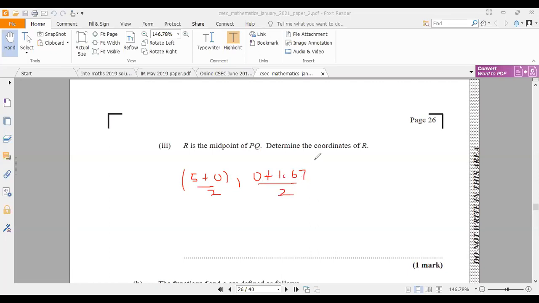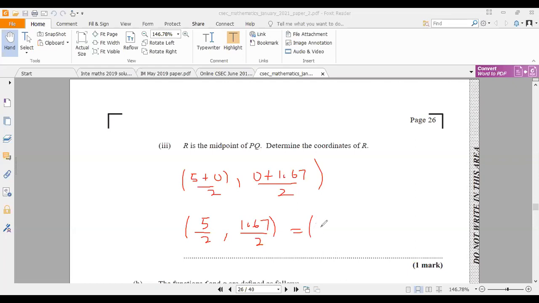All right. So what do we get? 5 over 2. Then what? 1.67 over 2. Then what do we get? 2.5.